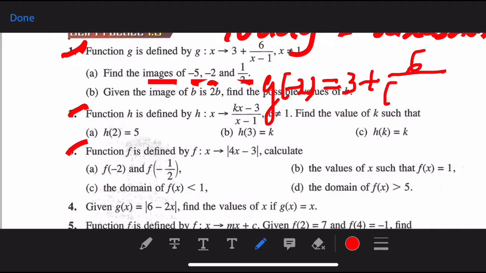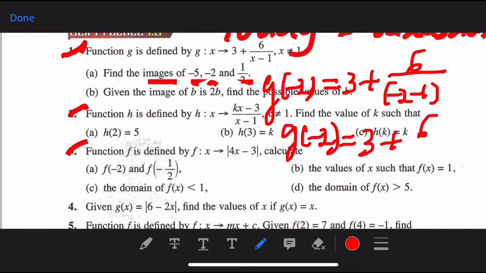This is -2 minus 1, so g(-2) is 3 plus 6 over -3, so it's 3 minus 2, right? So it's 1, and your answer is 1. Got it? So g(-2) is 1, no problem.